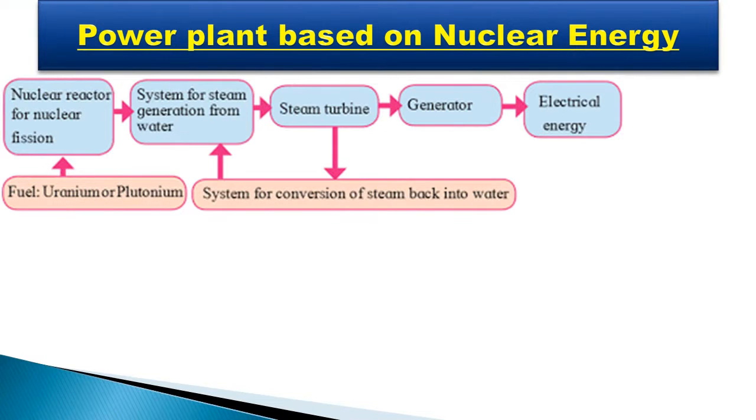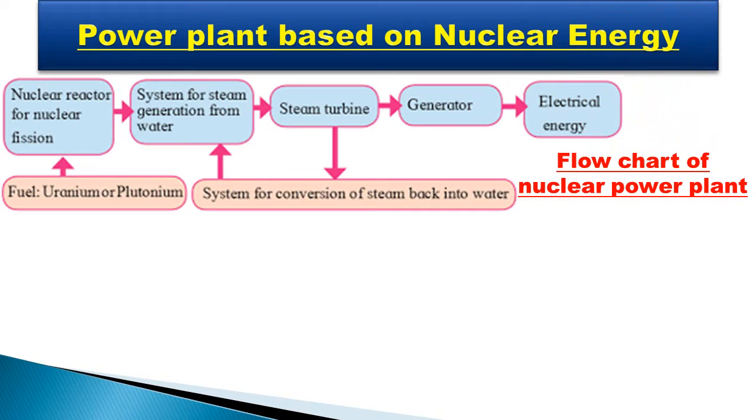Alright, here is a flow chart of a nuclear power plant. You can observe certain steps, like the nuclear reactor for nuclear fission. In this nuclear reactor, the splitting or nuclear fission of a heavy element like uranium and plutonium takes place, and due to the fission of these nuclei, a very high amount of energy is released, and that energy is used to produce steam.